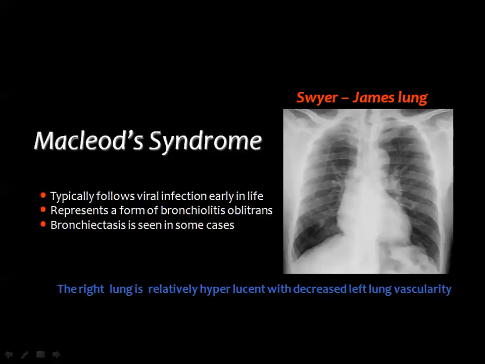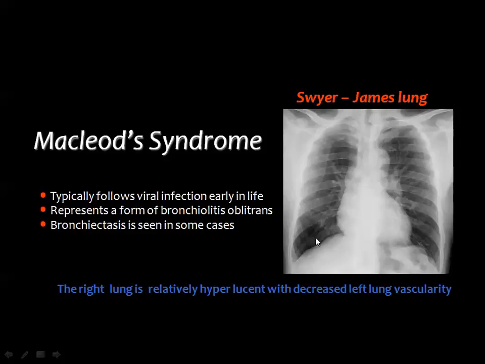Then we came to one of these lesions which affect the lung unilaterally, which is the McLeod syndrome or the Swyer-James lung. This is a lesion which will result in relative hypertranslucency and decreased vascularity of one of the lungs.